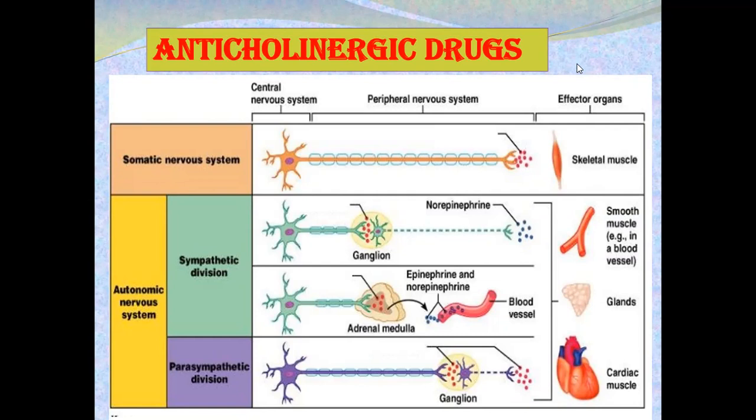We have the sympathetic and parasympathetic divisions, which work against each other. The sympathetic system works using the norepinephrine and epinephrine pathways. You see them, both of them, where they work.